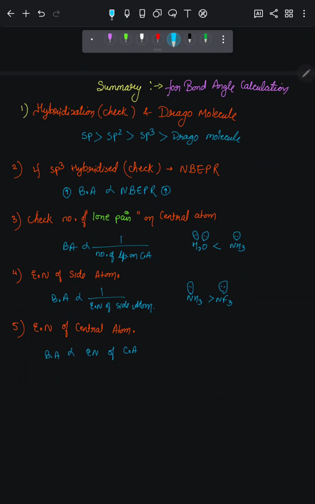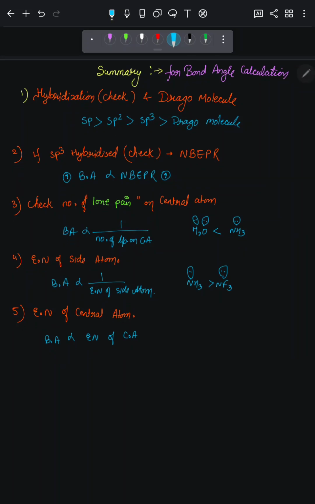What we have studied in the previous slides, this is the summary of all that. For bond angle calculation, we first need to check hybridization, and then whether the molecule is a Drago molecule or not.